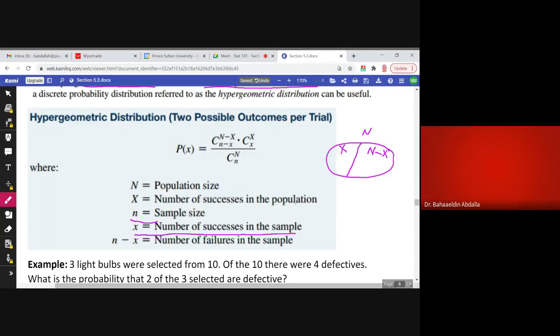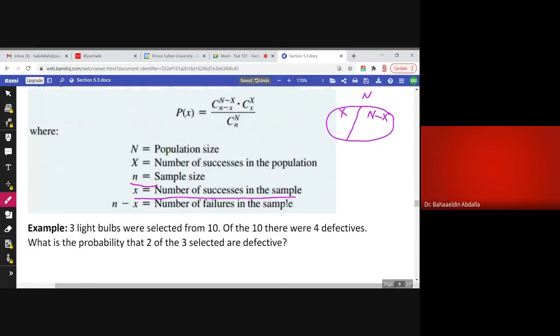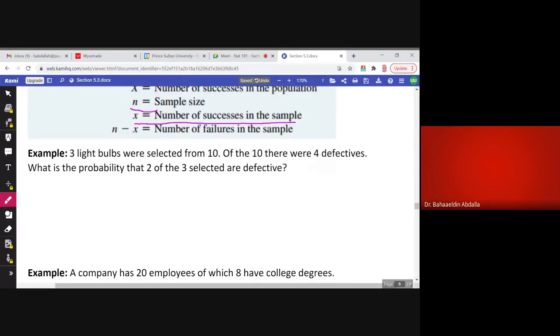So, for example, let us look at this example. We have here 3 light bulbs selected from 10. Of the 10, there were 4 defectives. So we have in the population 10 bulbs, 4 of them are defective.